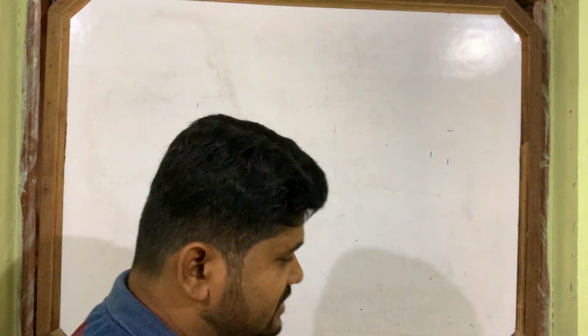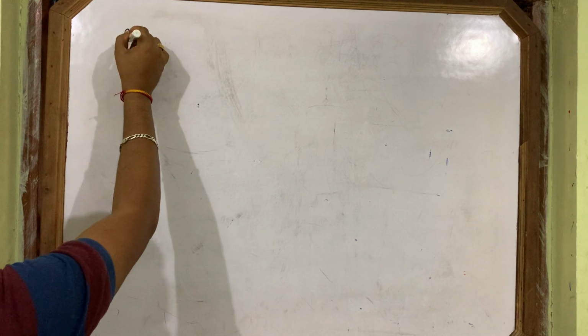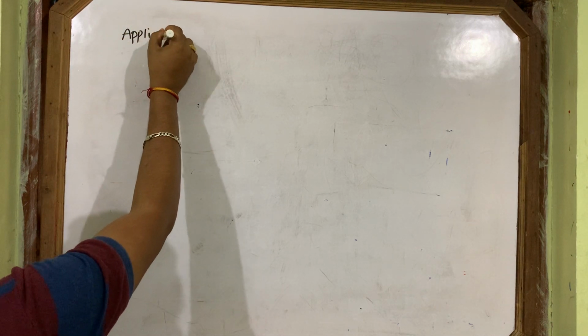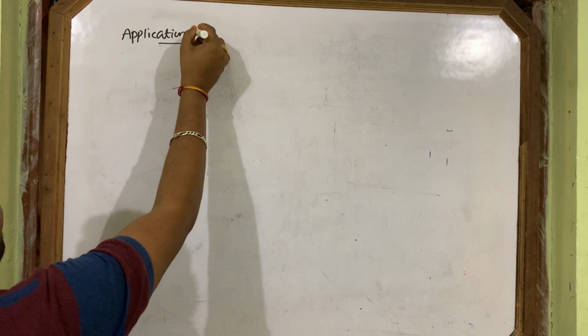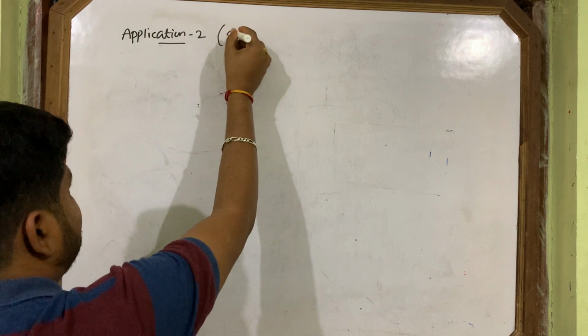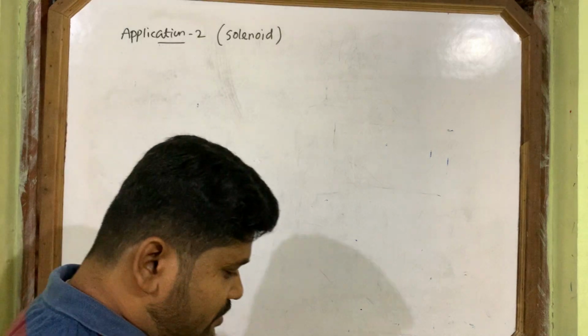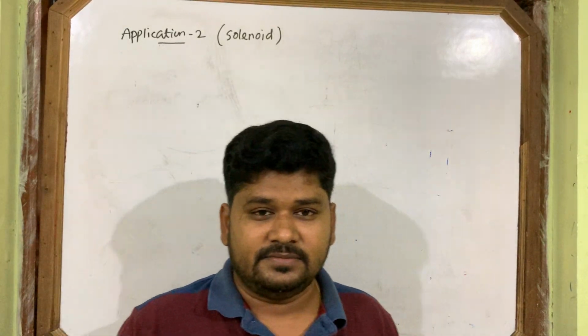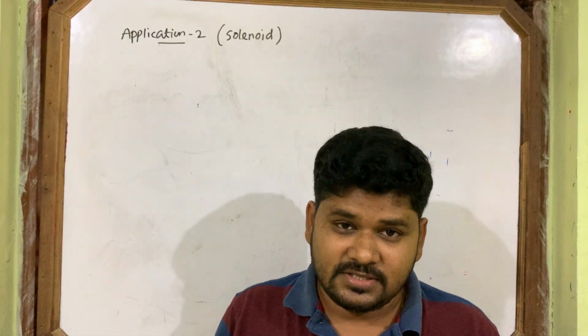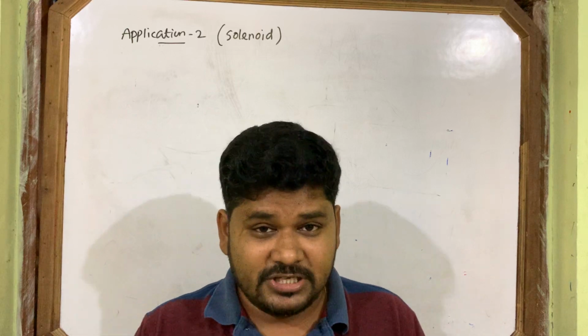Now we will go to application number 2 of Ampere circuital law. What is this application? Solenoid. We will do this for a solenoid. Have you seen a solenoid?